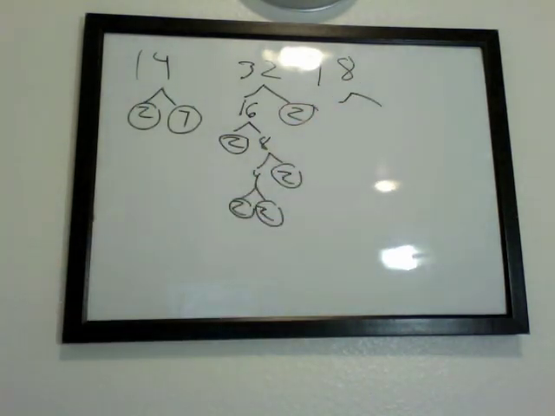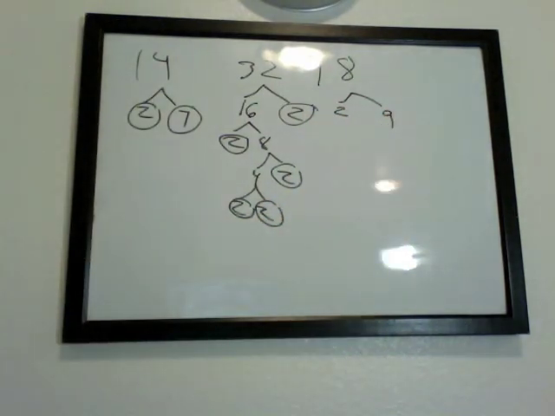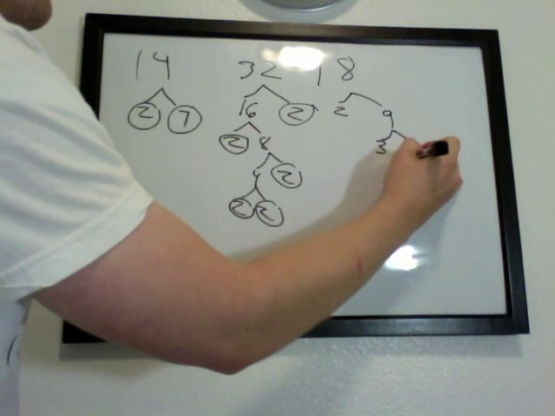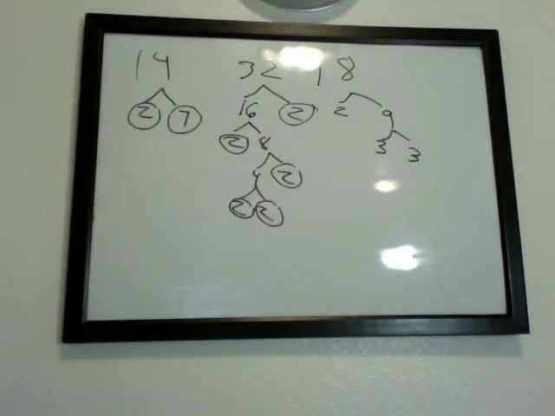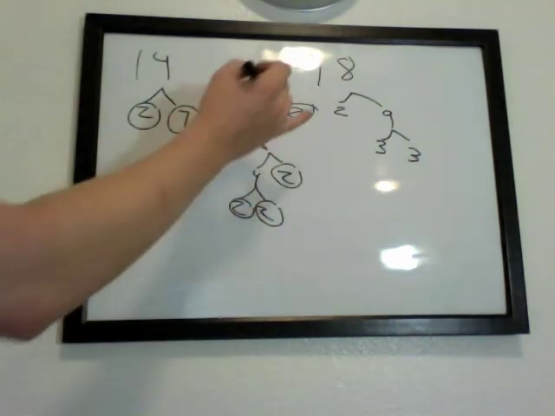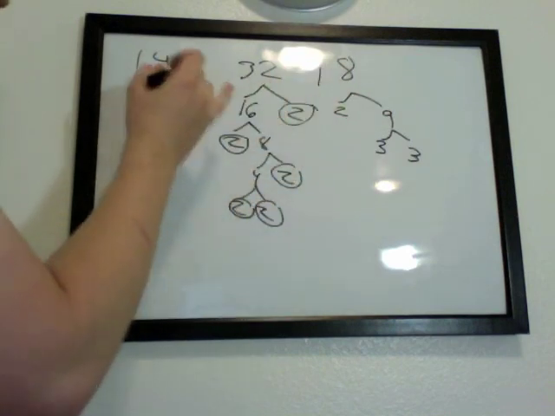18 we can break apart. Two numbers that equal 18 are 2 and 9. And we know 9 is not a prime because we can multiply it 3 and 3. So we have a 32 here, 18 here, and 14.